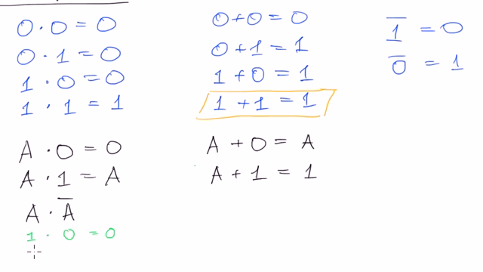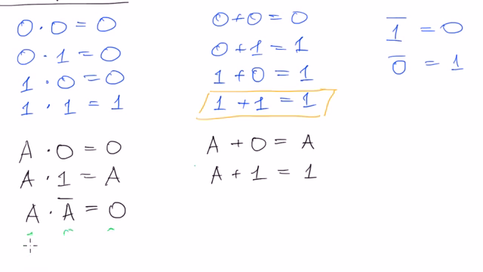Then if a equals 0, then a negated equals 1, and it again equals 0. So we can say that a multiplied by a negated will always equal 0.